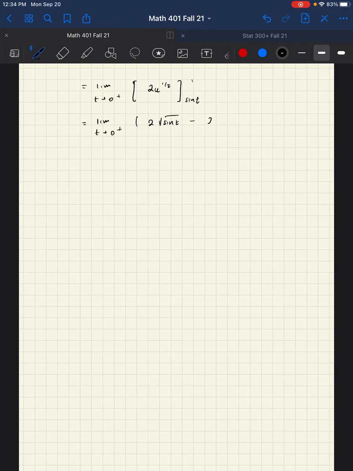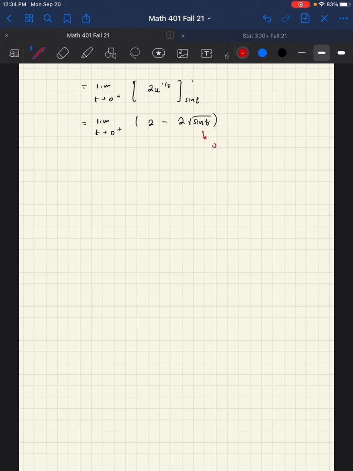So we have 2 square root of sine t minus 2 times 1 to the 1/2, so that's going to be 2. Oh, sorry, I have that backwards, don't I? That's going to be 2 minus 2 square root of sine t.